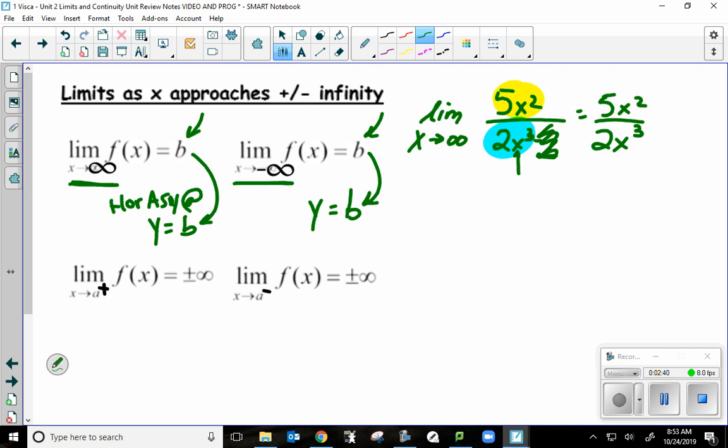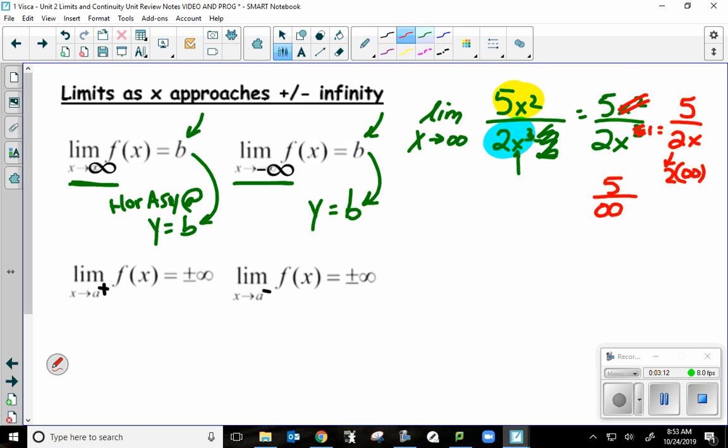So I reduce it if I can, meaning I can take 2 x's off the top and 2 of these 3 off the bottom. So now I have 5 over 2x. I can't reduce it anymore, so now I plug in infinity. I get 5 over 2 times infinity, which is just infinity.